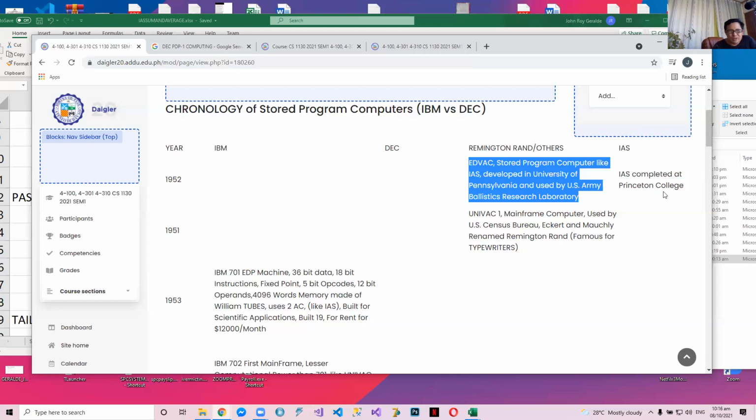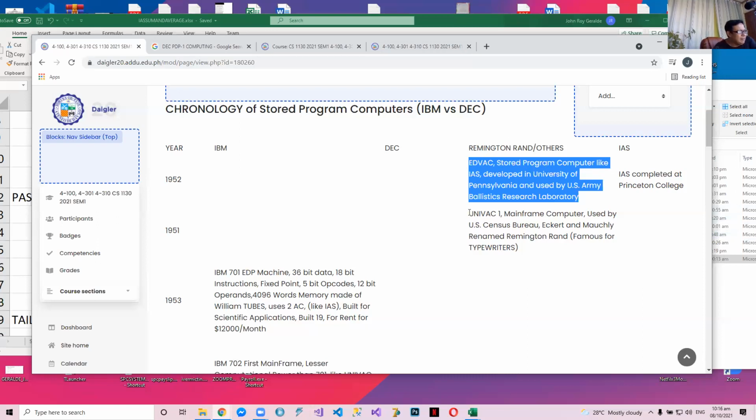Which comes first, we do not know. How did they do this? Because the stored program concept was already introduced in 1945 or 1946, right after the war. Do you follow? Who introduced it? Of course, John von Neumann is credited with it. But how were they able to make EDVAC a stored program computer? We'll look at that later.